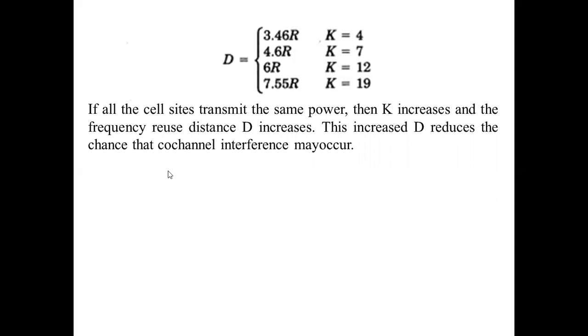So if k is too large, the number of channels assigned to each cell naturally becomes small. If the total number of channels is divided among k cells, then as k increases, naturally trunking inefficiency will result.